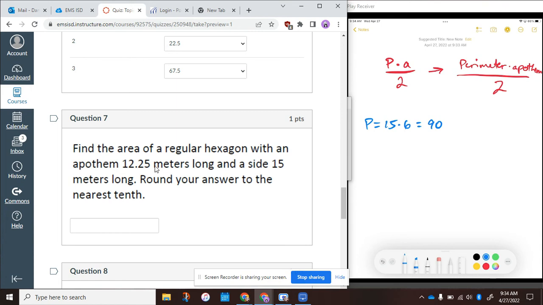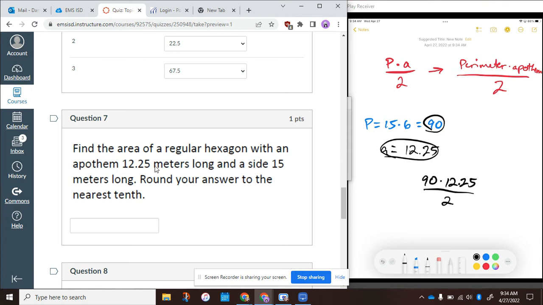So that is both of the things that we need to plug into this formula. There's your perimeter, and the apothem, it already said, was 12.25. And we just plug those in: 90 times 12.25, all cut in half.